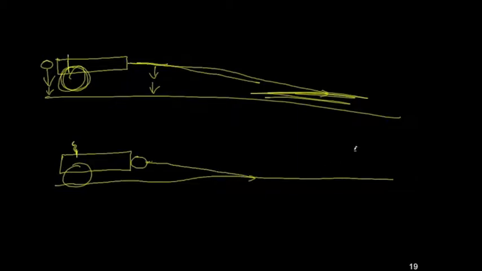If you were standing here, holding a cannonball at the same height, and you dropped it at exactly the same time that cannonball is shot out of the cannon, both of them hit the ground at the same time. The reason it doesn't hit the ground right below it is because you've put a horizontal force behind it as well.